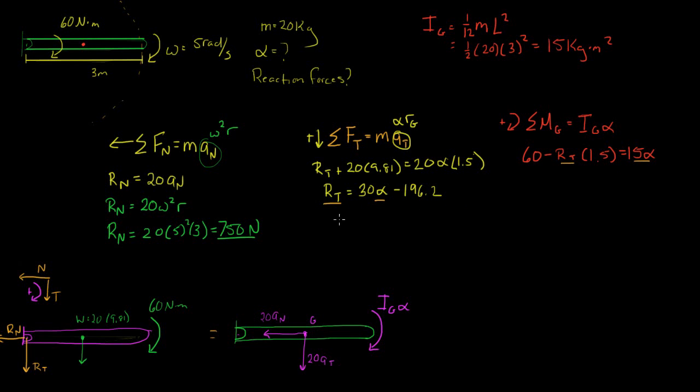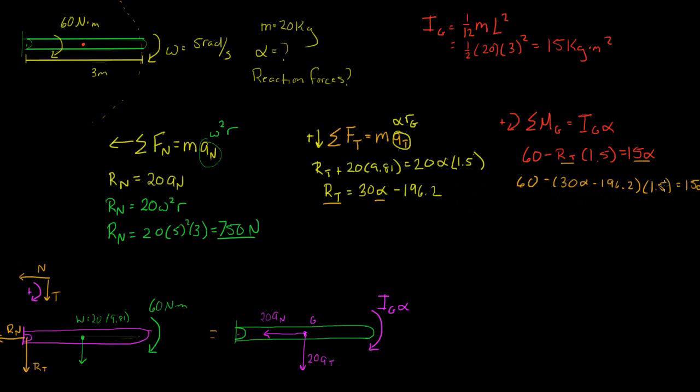So I'm going to plug this reaction force of T in right here, and when I do that, I get 60 minus 30 alpha minus 196.2 times 1.5 is equal to 15 alpha.